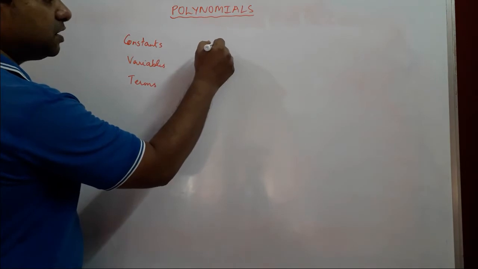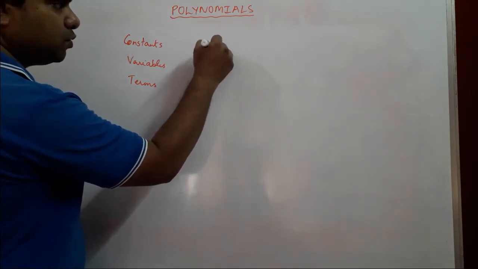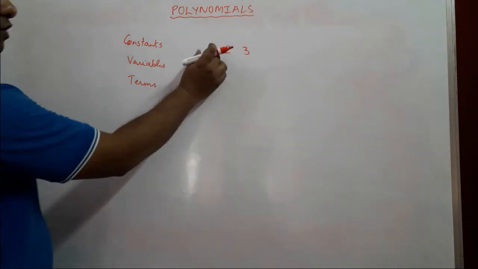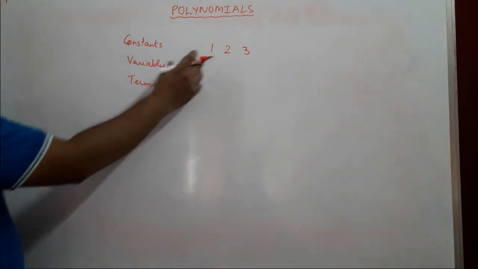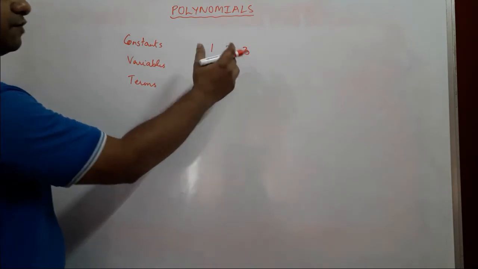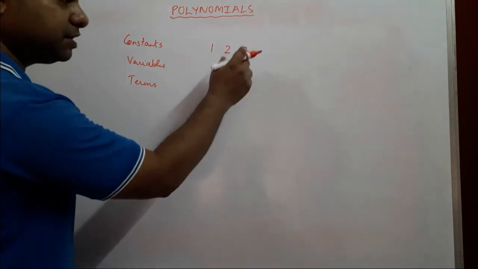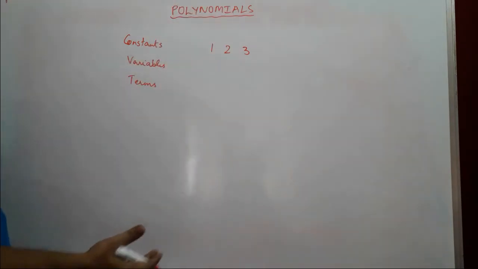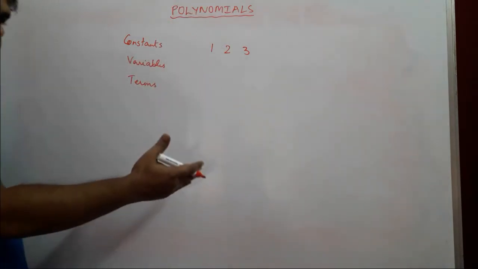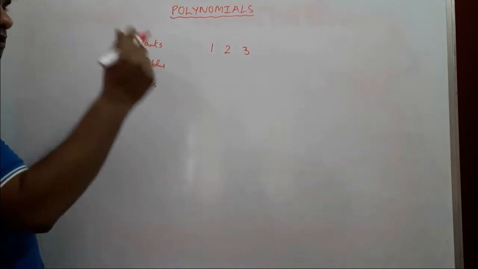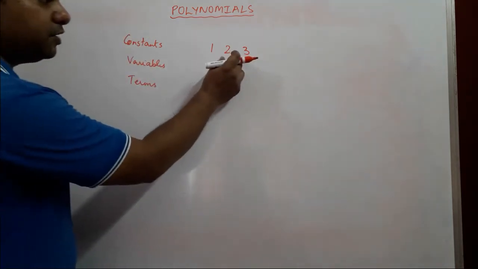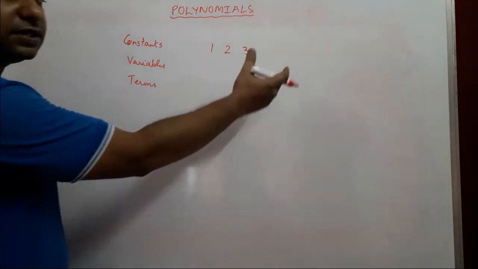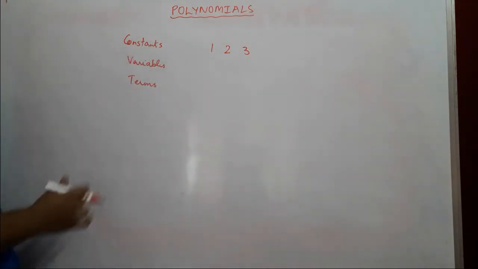For example, a number like 1 or 2 or 3: the value of 1 will always remain 1, the value of 2 will always remain 2 and the value of 3 will always remain 3. There is no change, you cannot substitute it with another value because the quantity of 1 defines just number 1, and 2 means that there are 2 of them. So these are numbers which are referred to as constants.